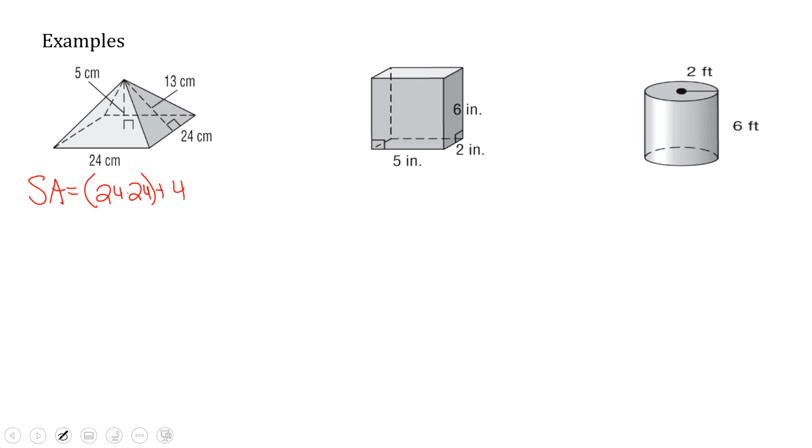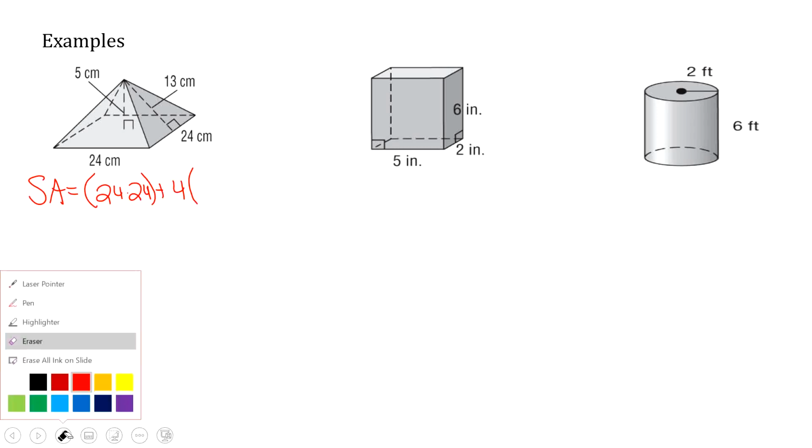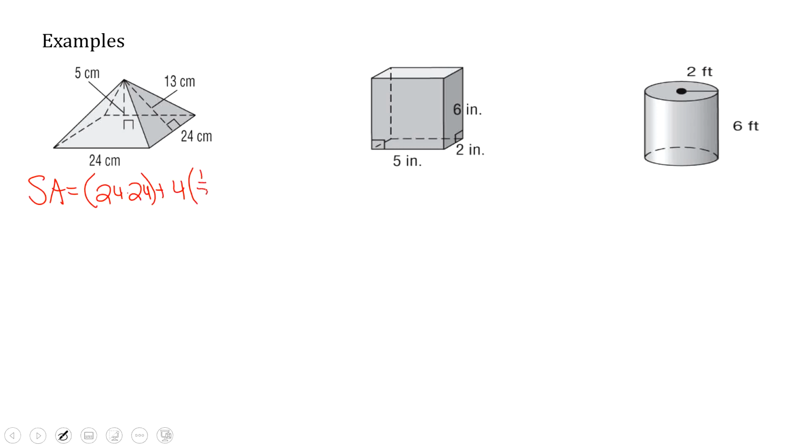Well, the height of my face is this 13 centimeters. So it's going to be 1/2, whoops, not 1/3, it is 1/2 times 13 times 24. Does that make sense? Because I have 4 faces of the pyramid.